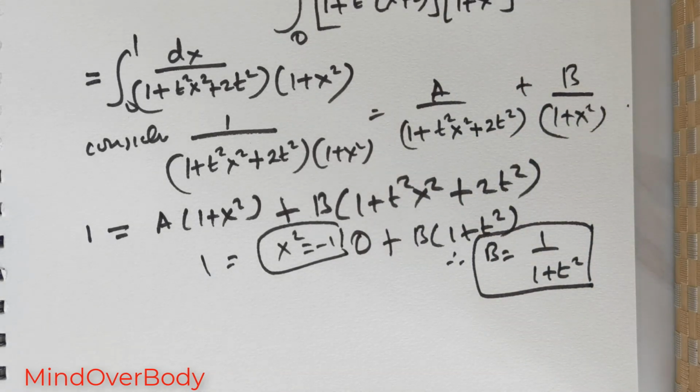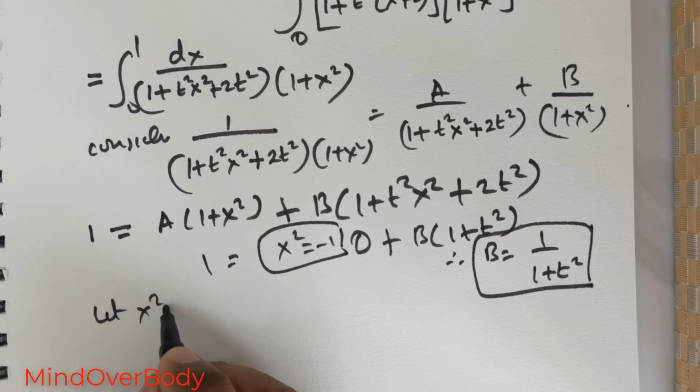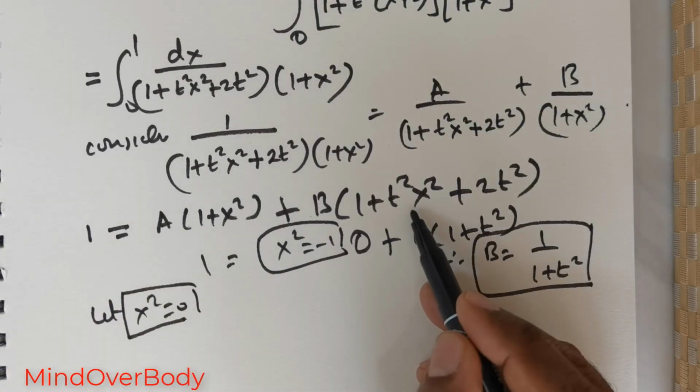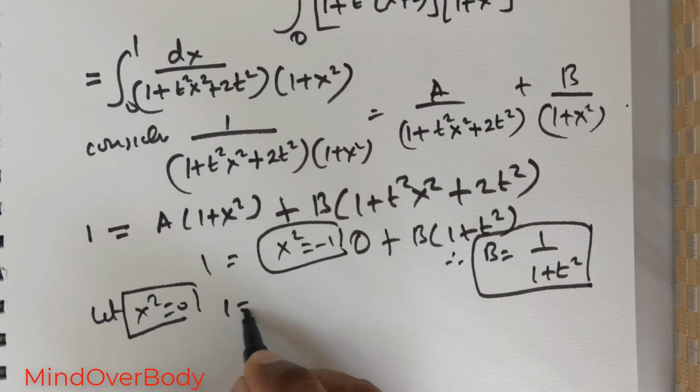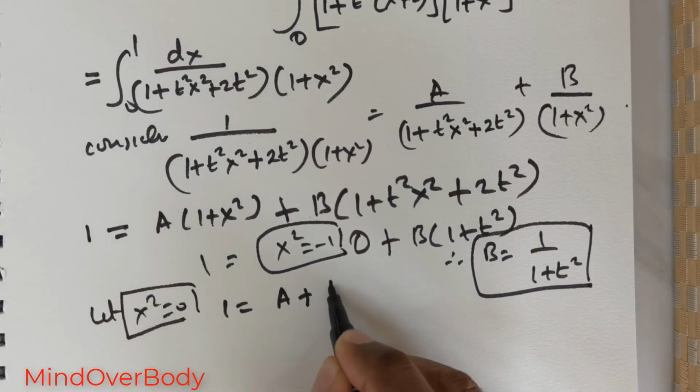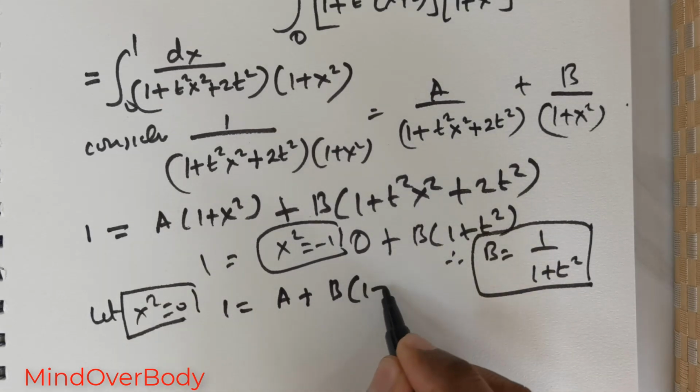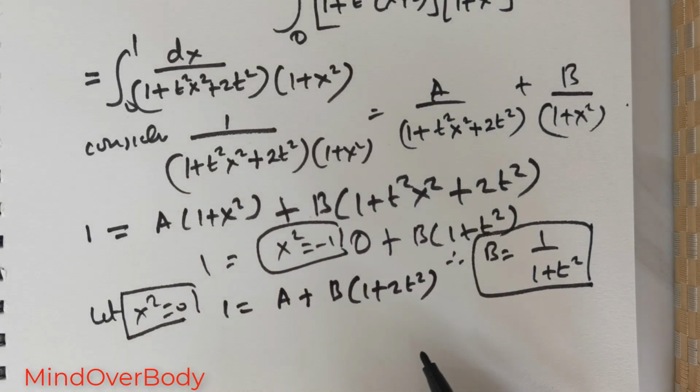Now you can take another value. So x squared is equal to 0. If x squared is equal to 0, this is 0. So you get 1 is equal to A plus B times 1 positive 2t squared.